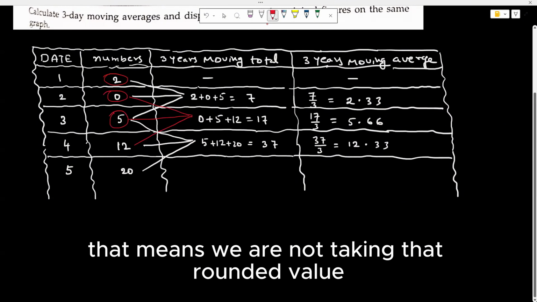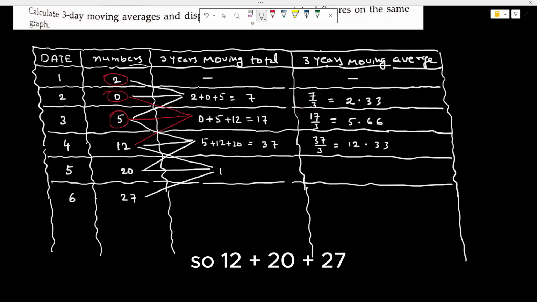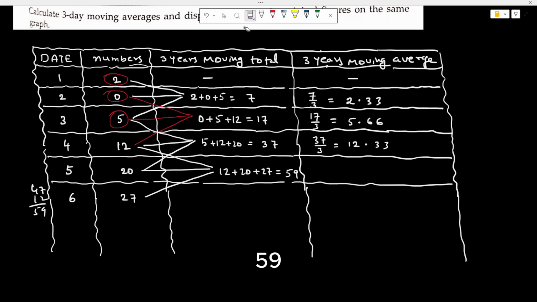That means we are not taking that rounded value. After 5, for 6 it is 27. So 12 plus 20 plus 27 equals 59.